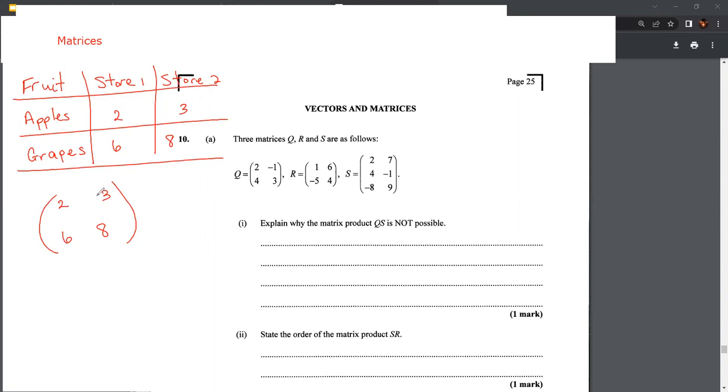And we can represent it in the form of a matrix like this. You can use round brackets for matrices, and in some books you might see square brackets. Whichever you choose, it's up to you.